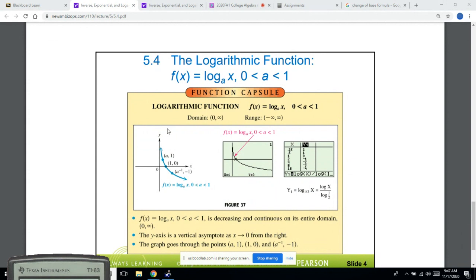And as you read this graph from left to right, notice that it descends, right? It's decreasing. It should pass through the points (a, 1). Okay, here again, a is your base. It should also pass through this point, (a inverse, negative 1).